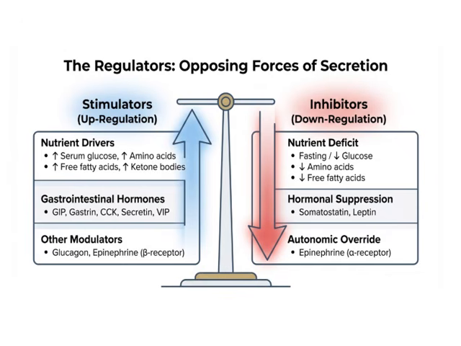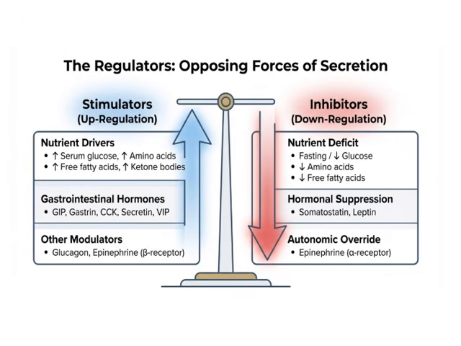On this slide, you can see insulin, the regulator of opposing forces of secretion. Insulin secretion is a balancing act. Major stimulators include nutrient drivers like high serum glucose, amino acids, free fatty acids, and we also see GIT hormones like GIP and gastrin, which provide a feed-forward signal after a meal.